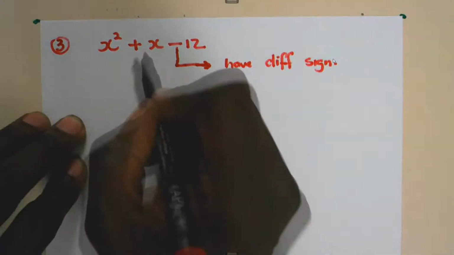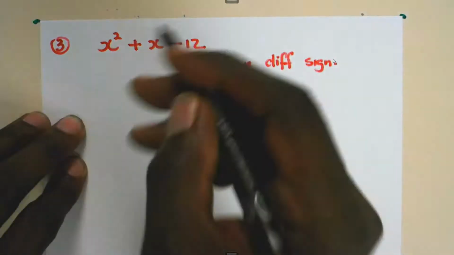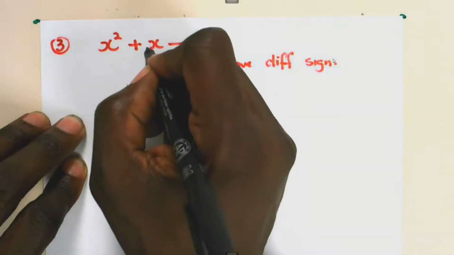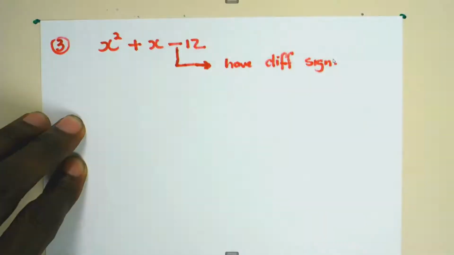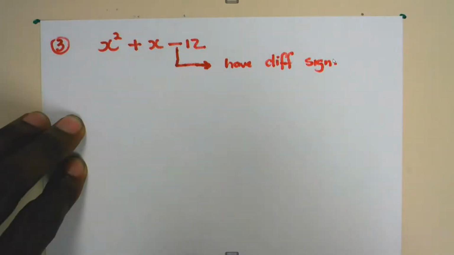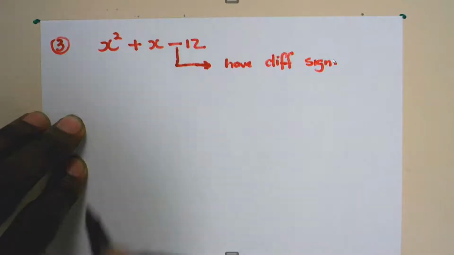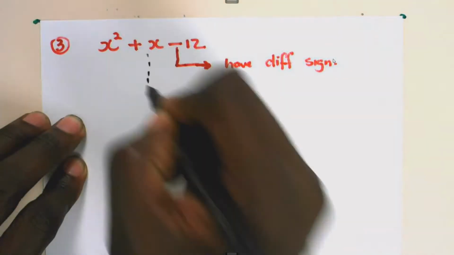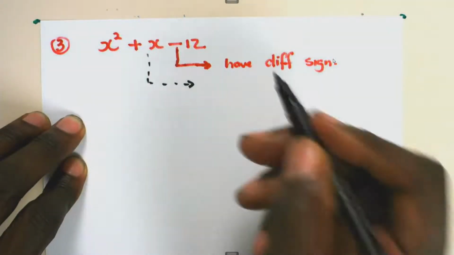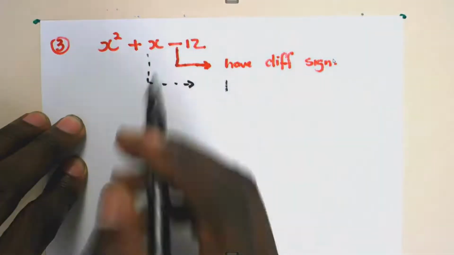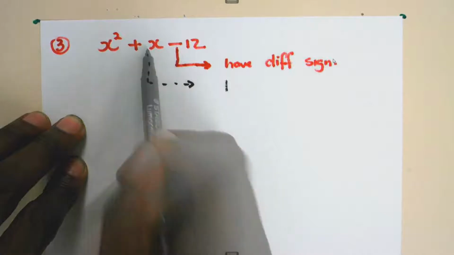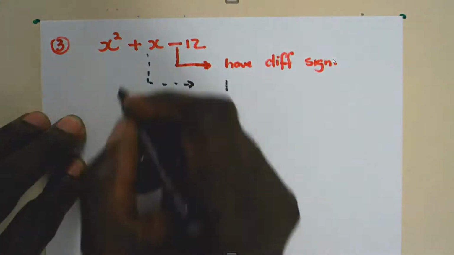Now if we go to here, we have an invisible 1 here. What does it mean, invisible 1? It means if you add or subtract the factors of 12, they must give you 1. Here it means if you subtract those factors, if one factor subtracts another factor, they must give you 1, because the invisible coefficient here is 1.